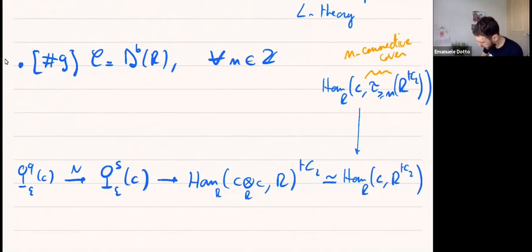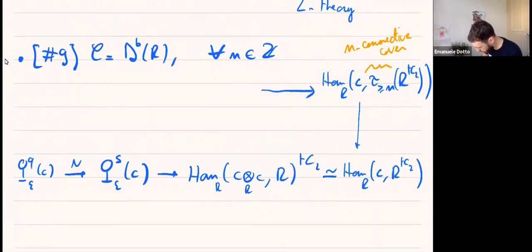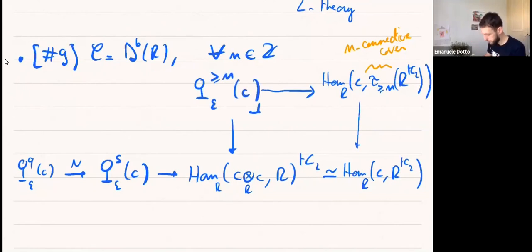Okay, and the n-connective cover always maps to the underlying spectrum, and I use that map, and then I pull back. So I define a new Poincare structure as a pullback, and I call it greater or equal to n of C.